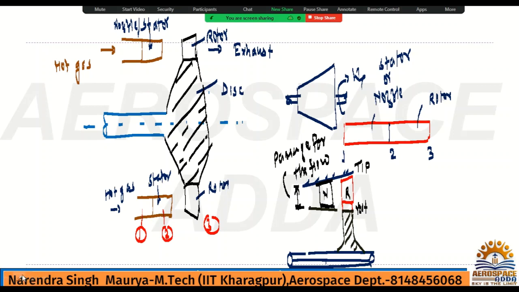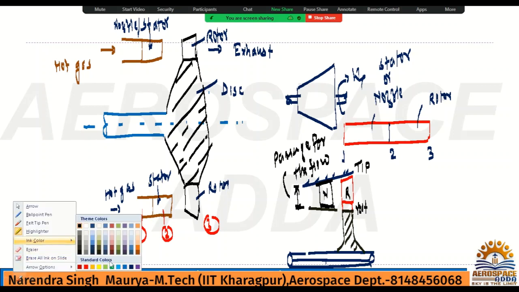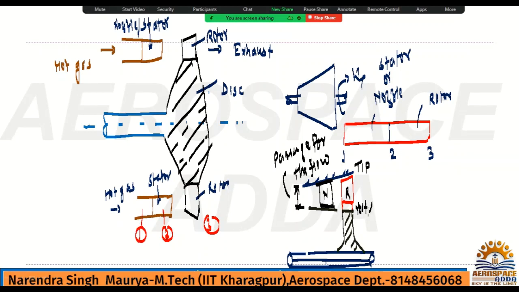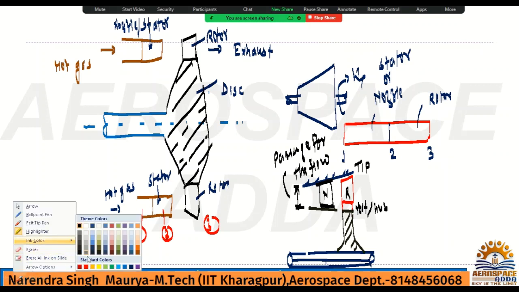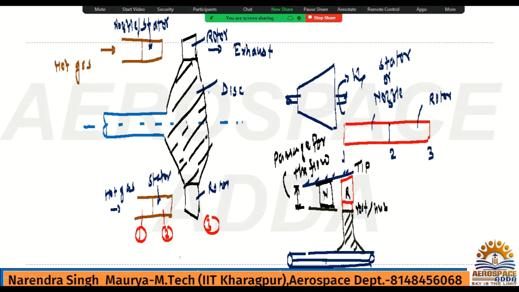Why am I drawing this? Because root or hub, the meaning is the same, okay. I will write here hub, because sometimes they will give the hub radius and tip radius, so at that time it should be very clear.